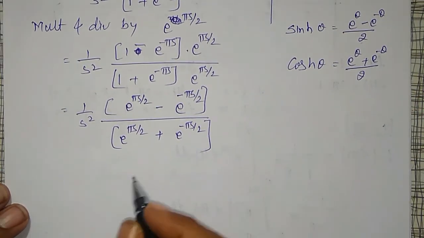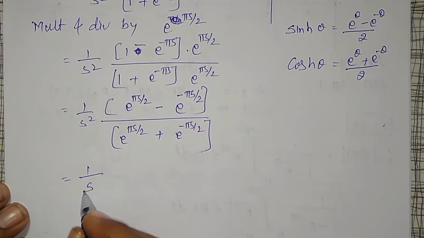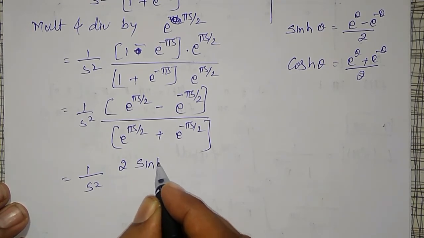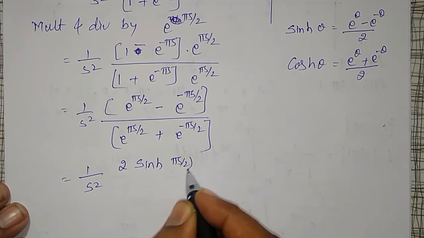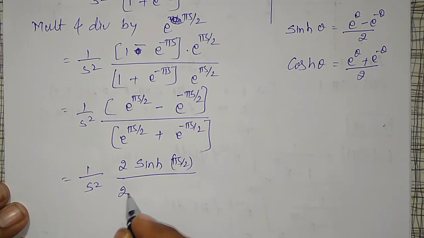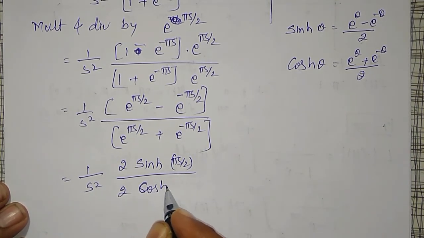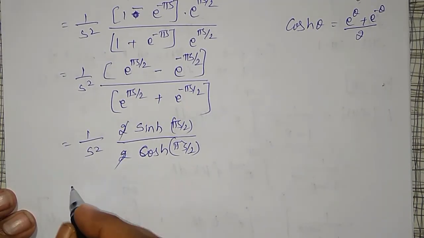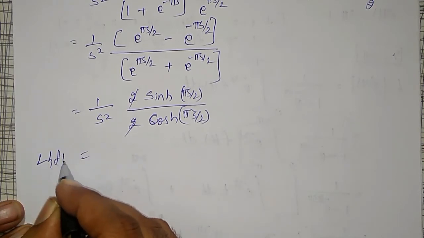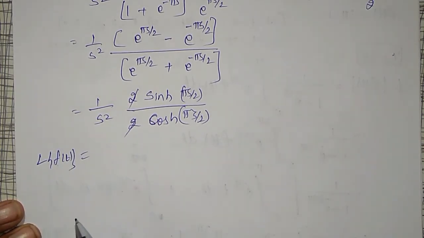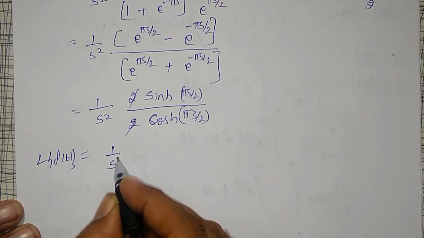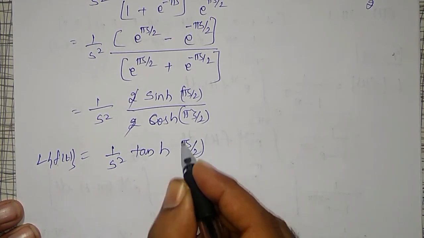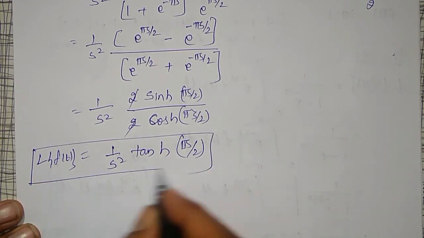Using these definitions I can write it as 1 by s square into 2 times sine hyperbolic pi s divided by 2, and this one as 2 times cos hyperbolic pi s divided by 2. Therefore the 2 cancels, and my required final answer is nothing but 1 by s square into tan hyperbolic pi s divided by 2. This is the final answer required.